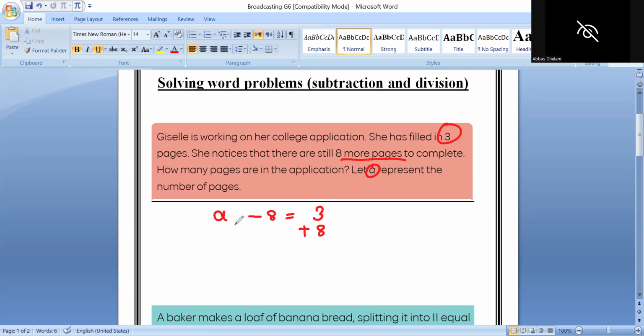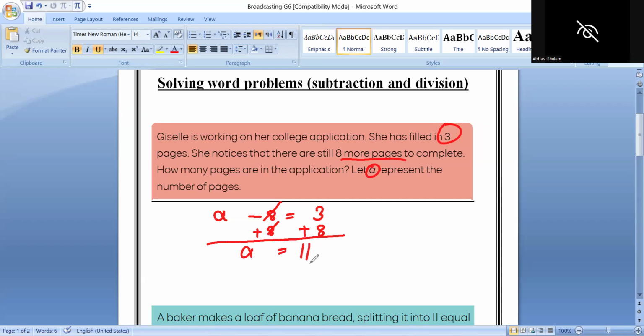A. I will write here A. We know that the inverse of the negative is positive, so I will write here plus 8. So I can cross the inverse with the inverse. So A is equal to 3 plus 8, which is equal to 11. So it means there are 11 total pages of that application form which she is filling.